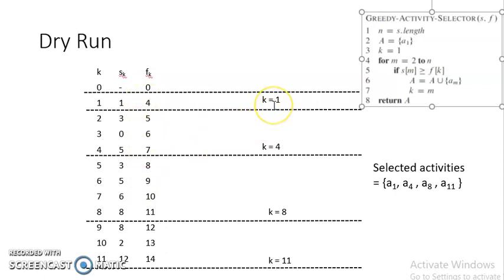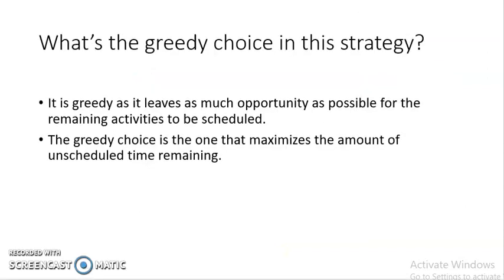So you first add the first activity to the list, and then you'll keep on traversing this list to find the next compatible activity, which is then a4. So you add a4 to the list of result, and then you keep on traversing the list again, and then you find that a8 is compatible, and at the last you find that a11 is compatible. So this is your complete result.